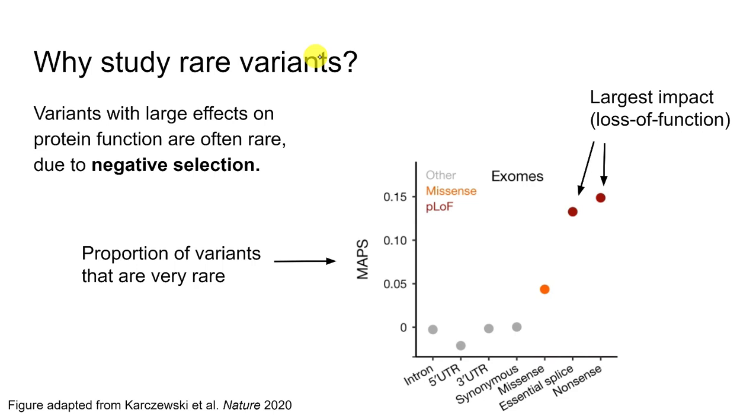And here's just a little figure that shows this visually. This comes from the gnomAD paper of 2020, where as you get to more deleterious or damaging variant classes, so at the highest level here is nonsense variants, which cause premature truncation of the protein, those will have the highest proportion of variants that are rare.